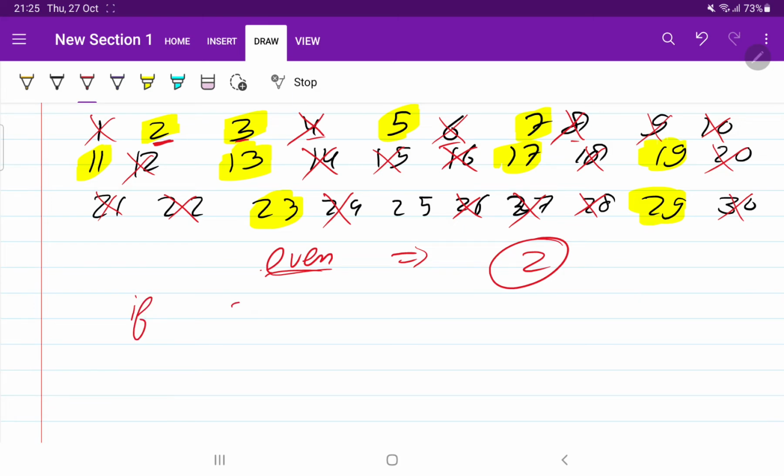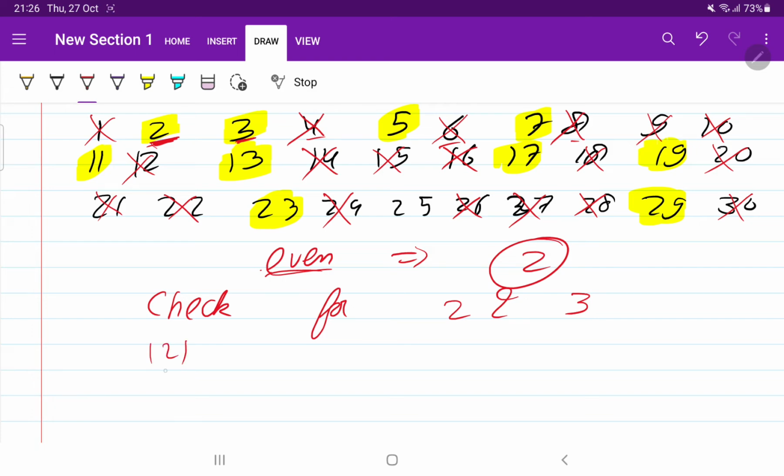So if n is not divisible by 2 and 3, because all the numbers that are divisible by 2 and 3, we are sure that they are not going to be prime. So you can write it like this: check directly for 2 and 3.